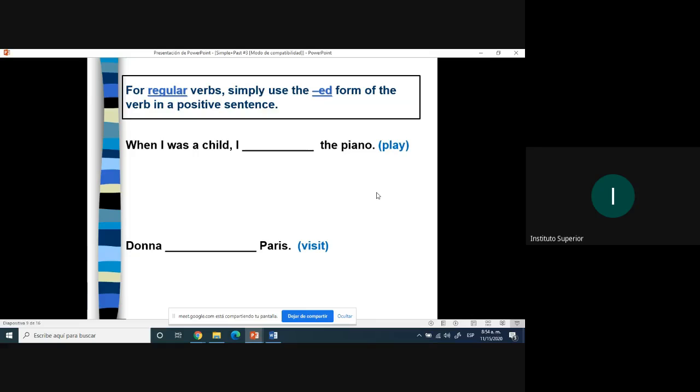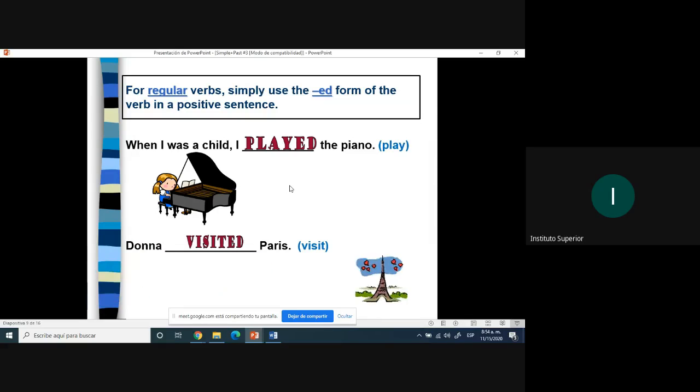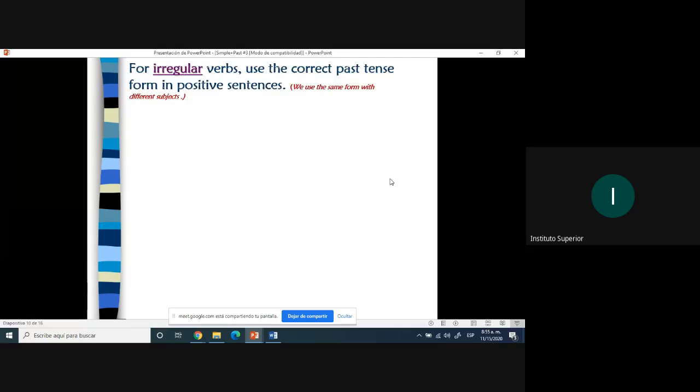Played. Very good. Played the piano. So Donna visited Paris. Be careful with the spelling change. Played. Visited. All right, let's keep you all moving.